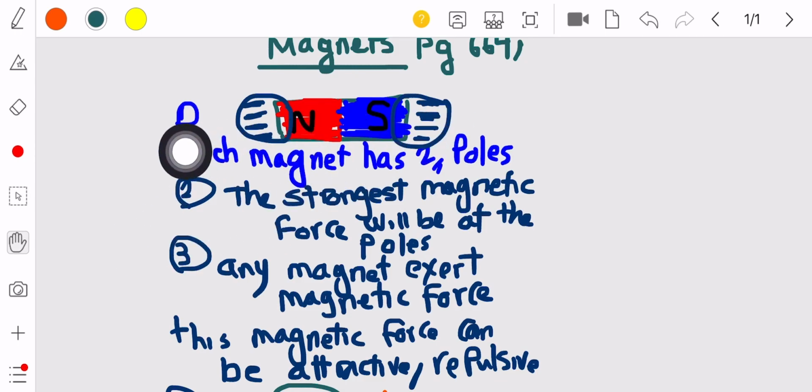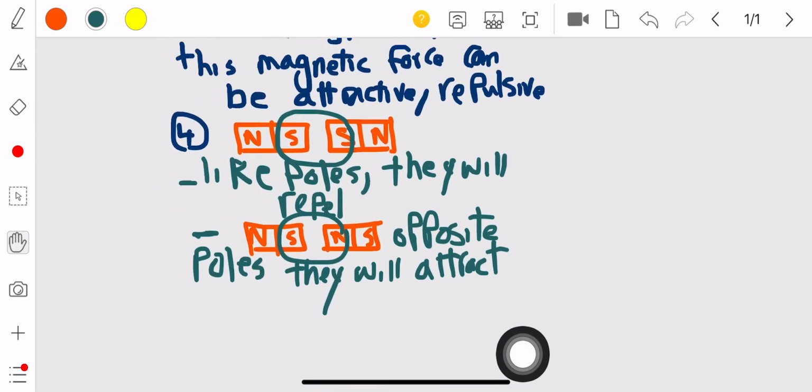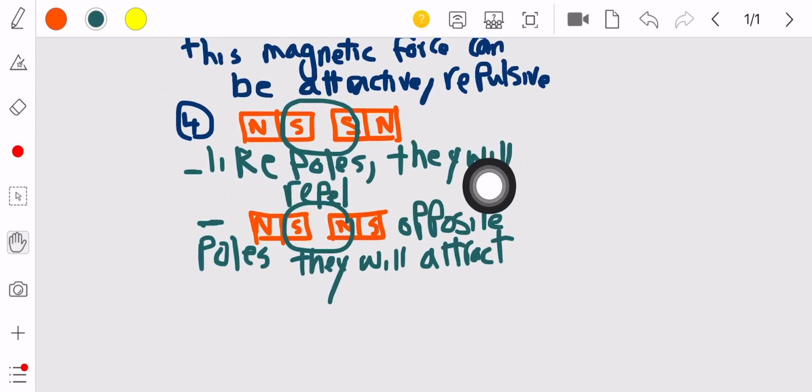No, at the two poles we will have the strongest magnetic force. Any magnet will exert magnetic force. This magnetic force can be attractive force or repulsive force. What else? We said that like poles will repel, and opposite poles will attract. Do you understand? So now we explained the properties of a magnet.